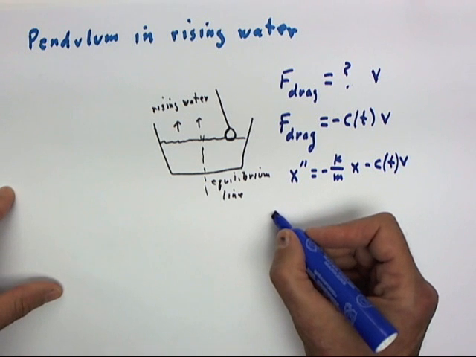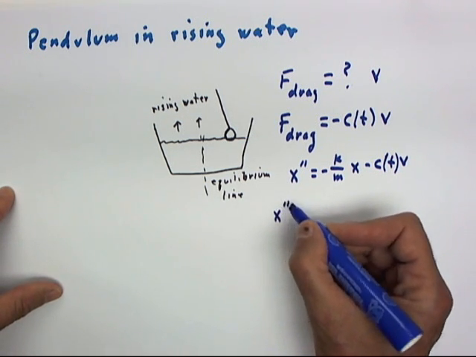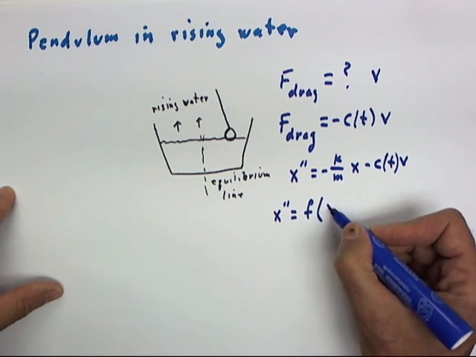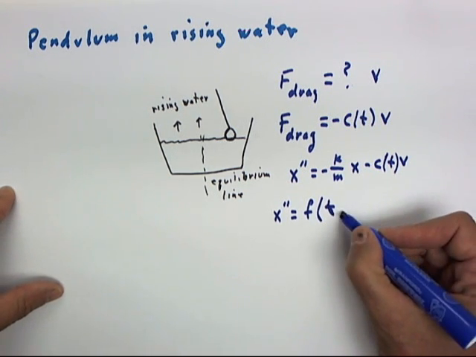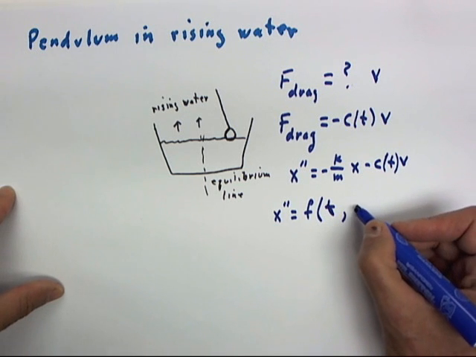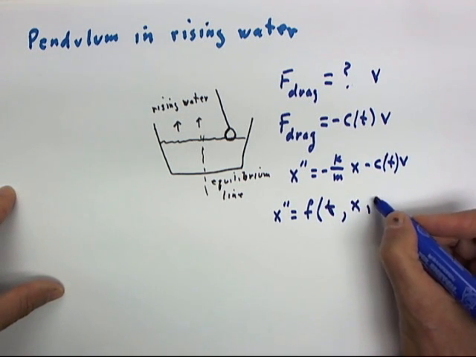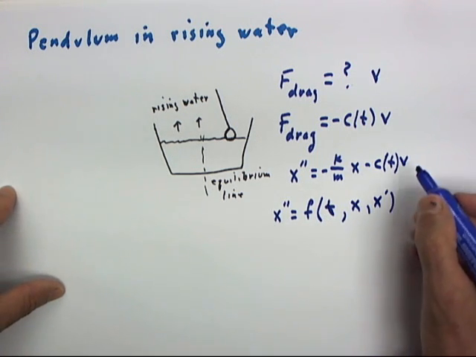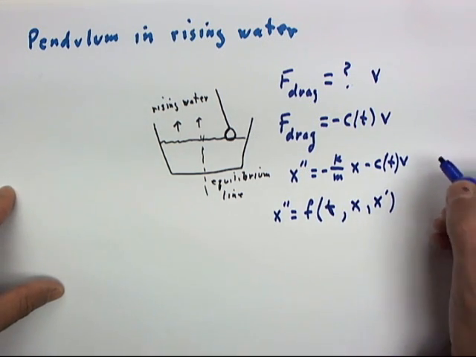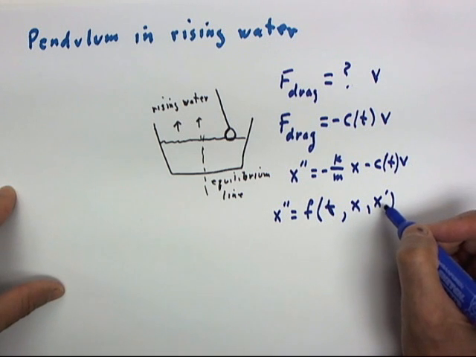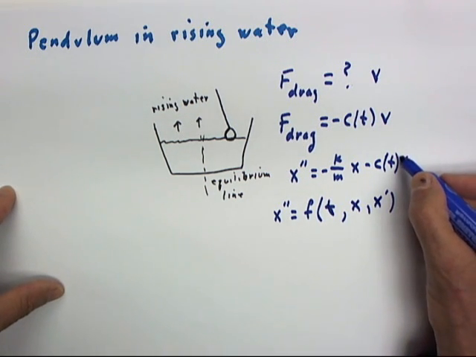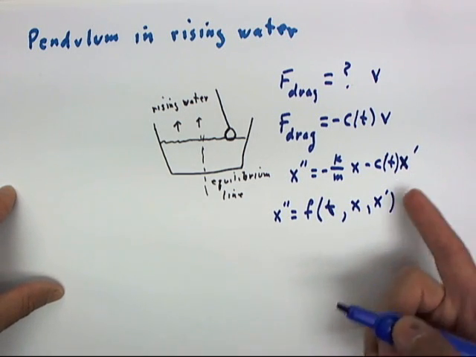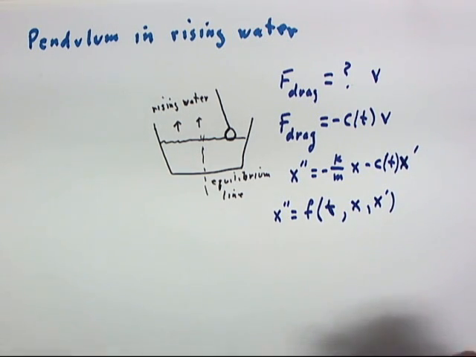The way that we represent that function would be x double prime is some function of t, x, x prime. Of course, the x prime is your V, and I suppose that I could change that to an x prime just to be explicit about how that works.